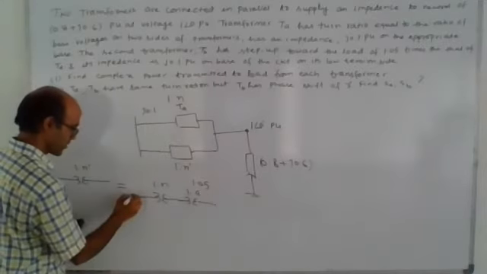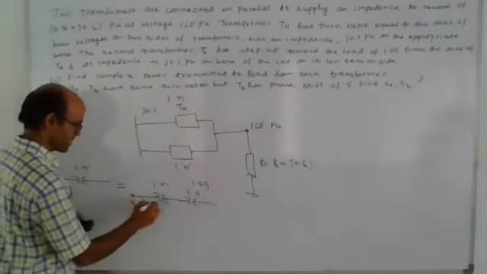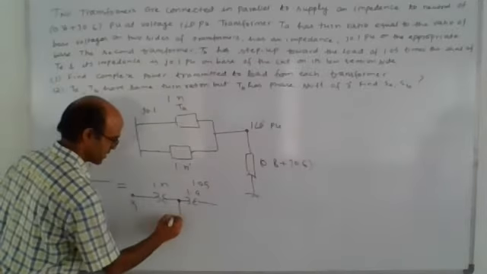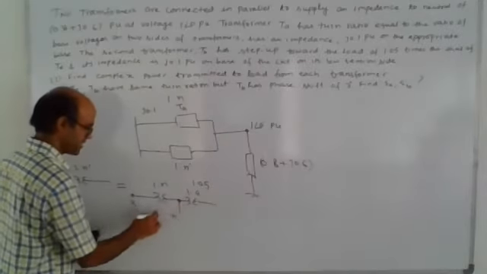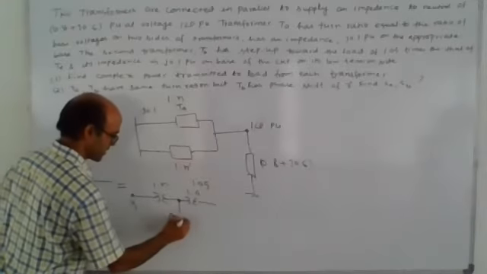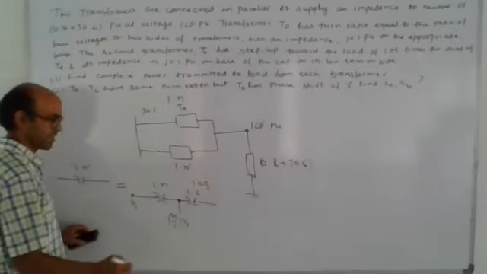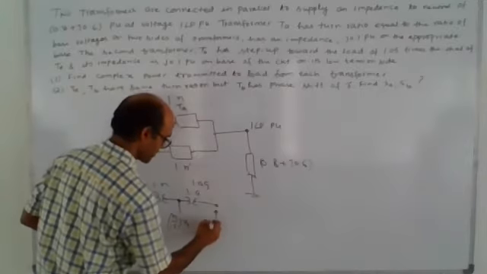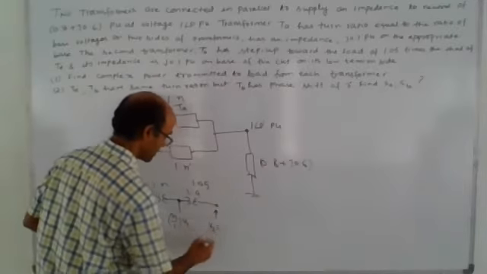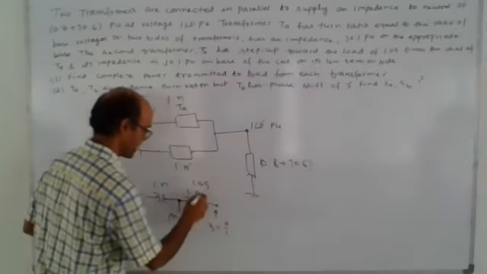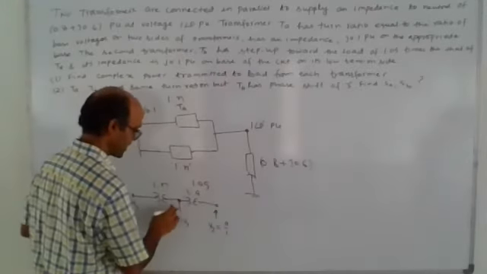So what is this voltage? Suppose this voltage is V1. The number of turns on this side is N and on this side is 1, into the voltage of this side, so this is V1 and V1. Now what is the voltage of the other side, V2? The number of turns on this side is a by 1, into this side voltage.